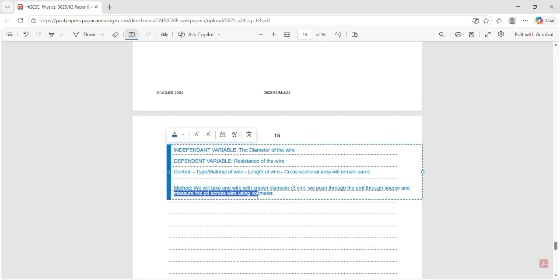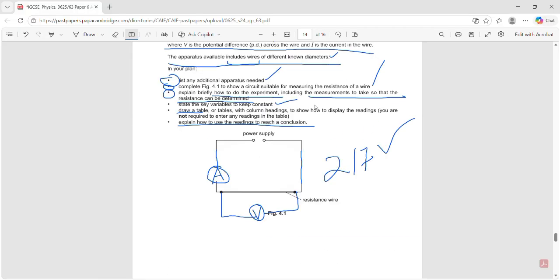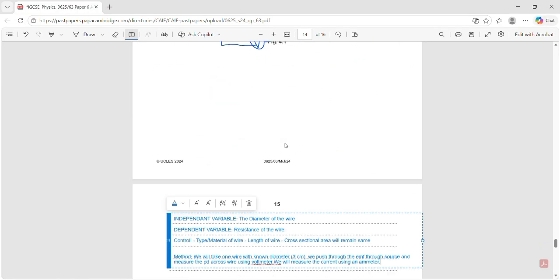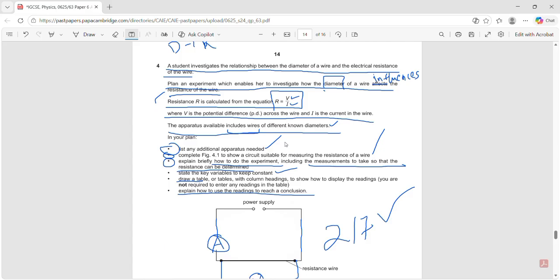We will measure the current using an ammeter. Okay, because you need to know the voltage or the potential difference and the current, because you need to put this formula to get resistance.